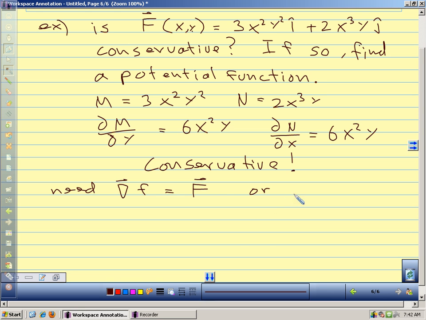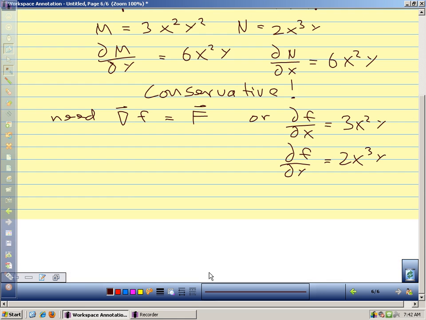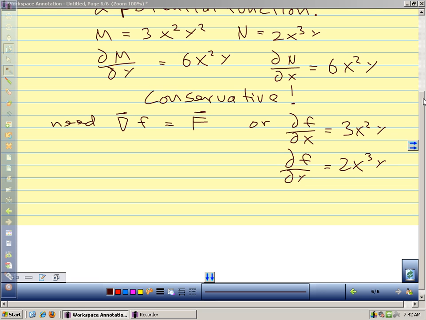The other way we could say that is df/dx has to equal M and df/dy has to equal 2x cubed y. So we need to integrate, but we end up with a system of differential equations. Most of the problems that you're going to have to do this way are pretty nice, but we end up with a system of differential equations.